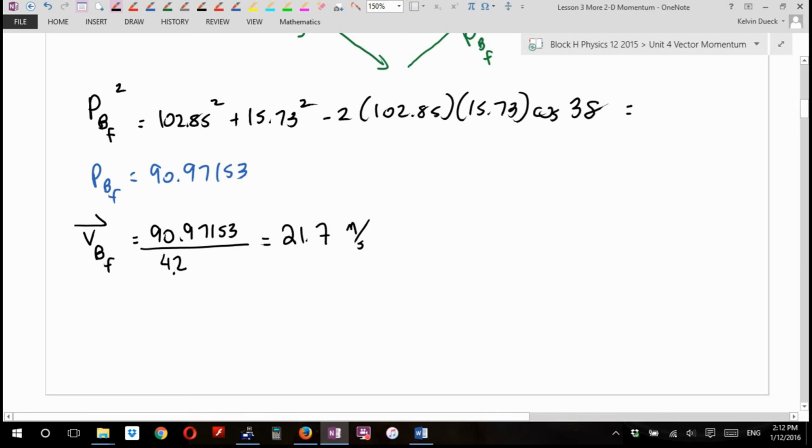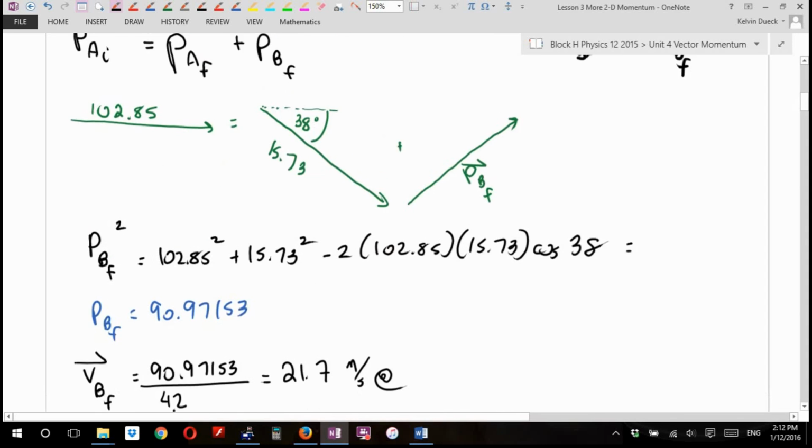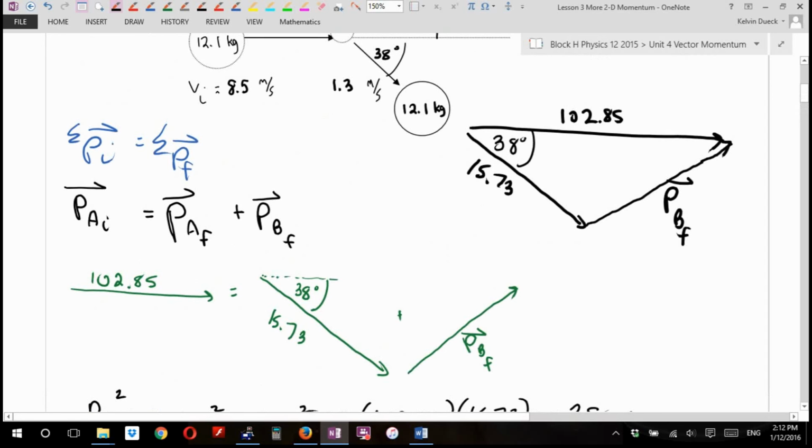Now, if this question had only said find the speed, we're done, because that is a speed. Did it say find the speed? It said find the velocity, magnitude and direction, at. Why can't I use that angle?